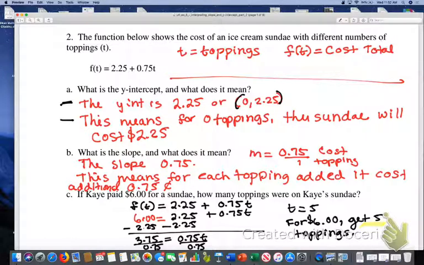Graph the function and identify the domain and range. Interpret the slope and the c-intercept of the graph. Well, it depends on what variable they're using. The y-intercept. In this case, that was the c of x. So they're just asking you to identify and interpret both of them. Does that make sense? Yes or no?